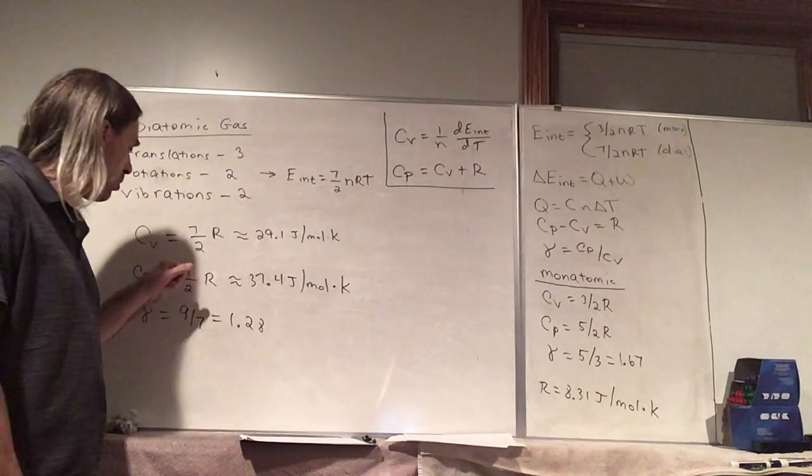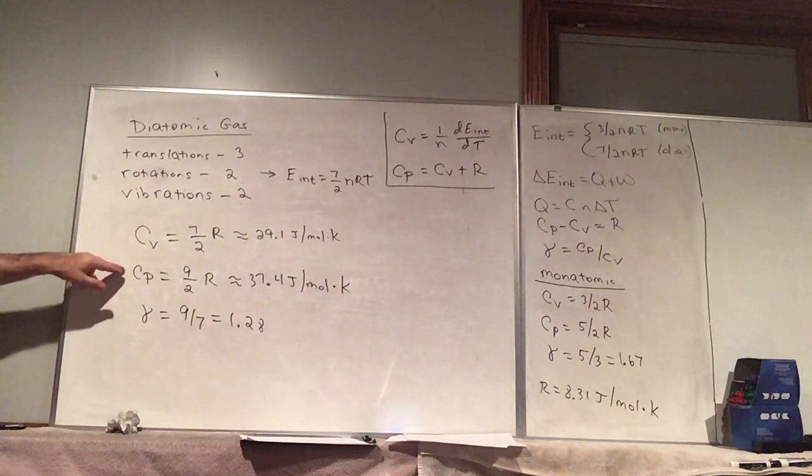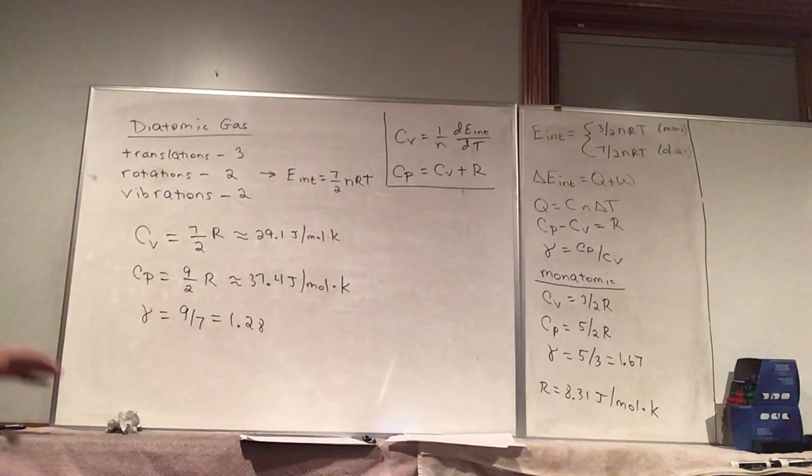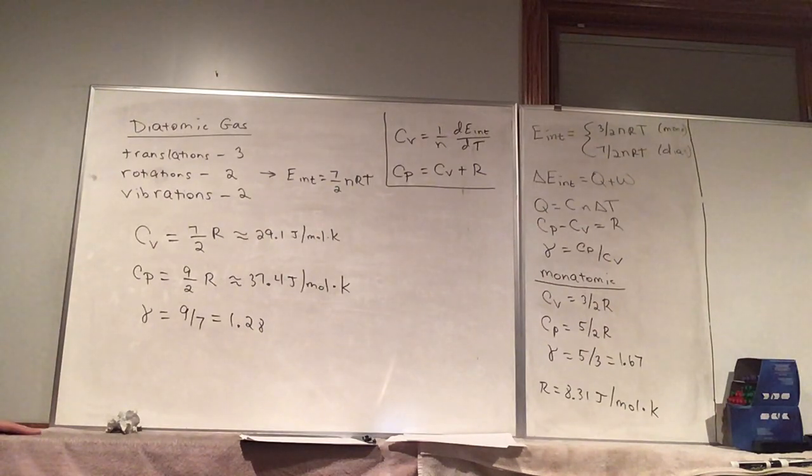What we got for CP has that kind of 2 higher than this. So, again, if a diatomic gas only had 5 degrees of freedom, that would actually make sense. It looks like this diatomic gas, based on the experimental results, would only have 5 degrees of freedom.